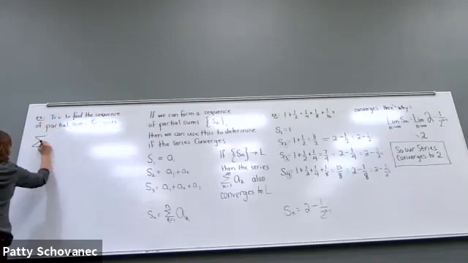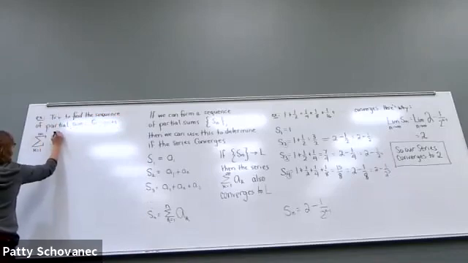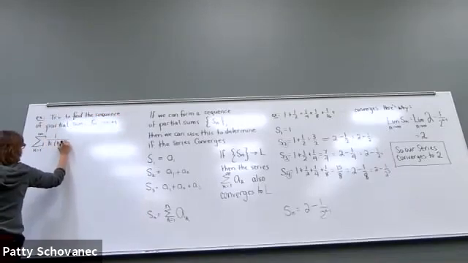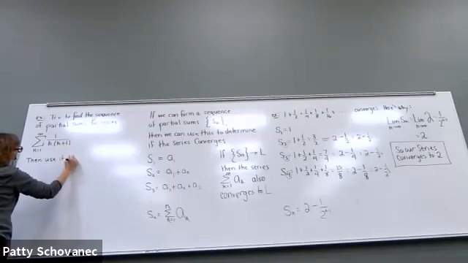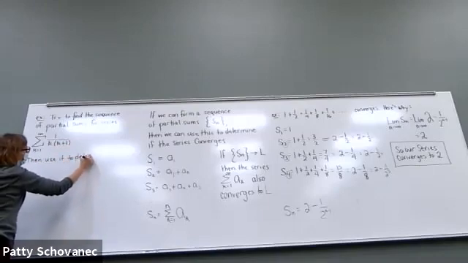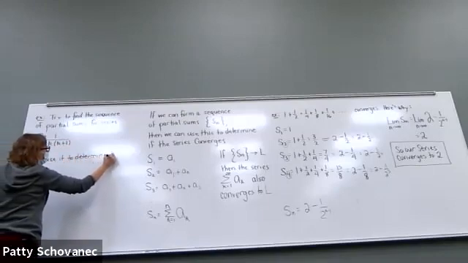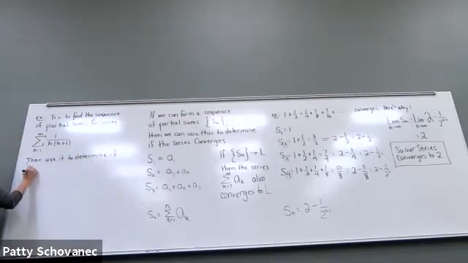I'm going to use K as my counter. K is equal to 1 to infinity, 1 over K times K plus 1. Try to find the sequence of partial sums from that series and then use it to determine if this series converges.